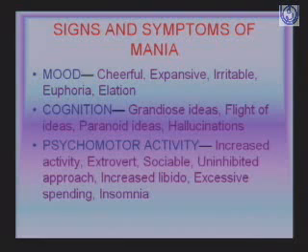I think just to sum up, we have a slide saying that in mania and acute mania, the patient will have a mood which is cheerful. Can we have the slide, please? Mood which is cheerful, expansive, as you said, irritable, euphoric and elated. Both of you mentioned that.